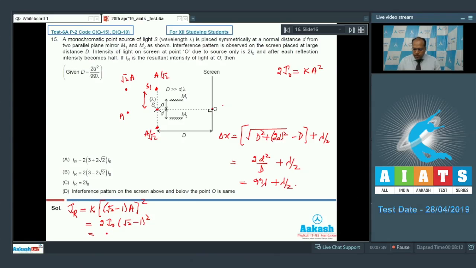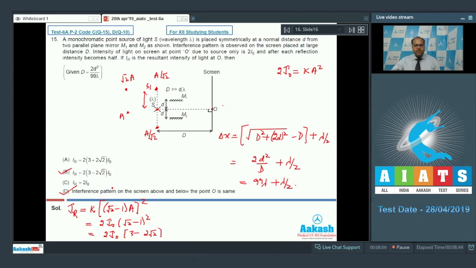So on further solving, it comes out to be 2 times I0 into 3 minus 2 root 2. So if I check the options, then option B is correct, and in option D it is given that interference pattern on the screen above and below the point O is same. So this is correct due to the symmetry. So the correct answer for question number 15 are option B and D.